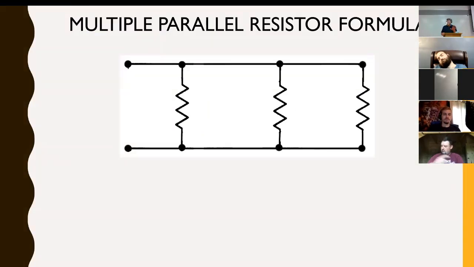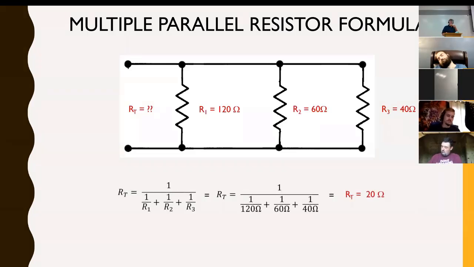Now, if I have more than two in parallel, I can't use product over sum. And for those of you who like fractions, you're going to love this. That's how you figure out the total resistance of a circuit when they're in parallel.